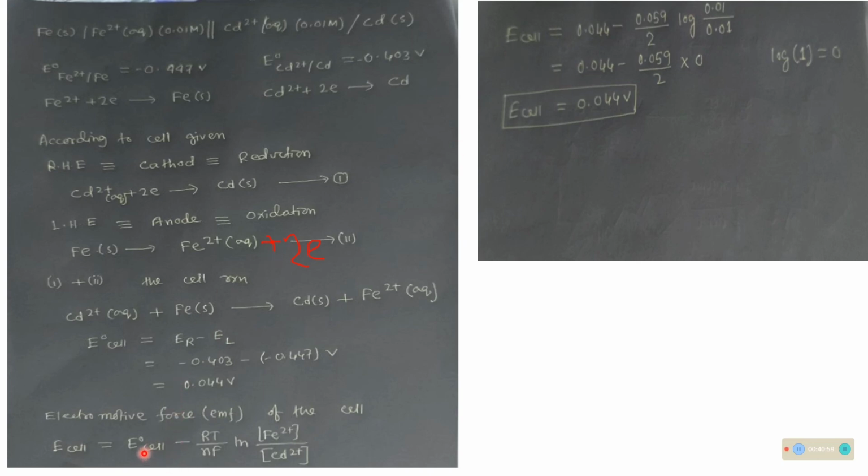Not always, but for this case E cell becomes E0 cell. So the electromotive force of that cell is 0.044 volt, also equal to E0 cell.